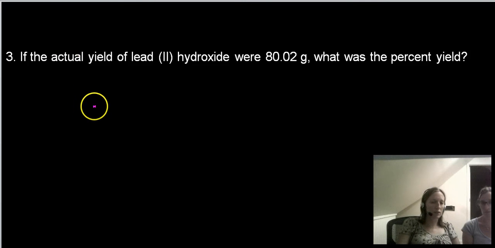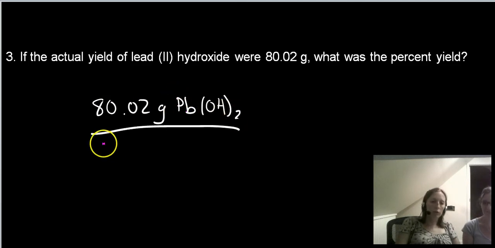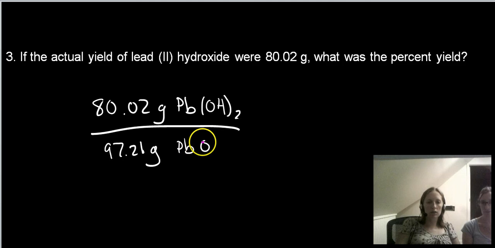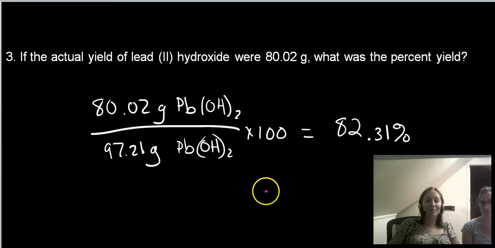Well, that's part over whole, so 80.02 grams of lead hydroxide over whatever, what was it? 97.21 grams of lead hydroxide times 100. You end up with 82.31%. Bam. Ta-da. The end. See you next time.